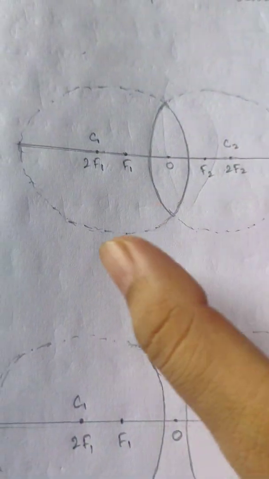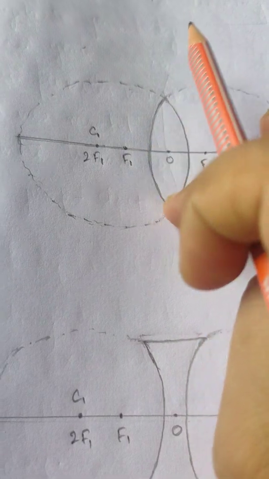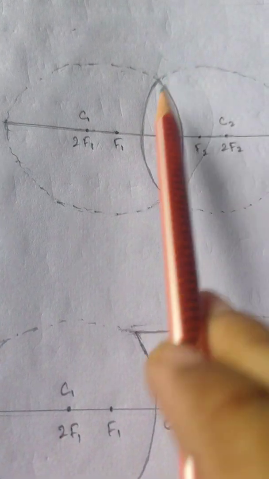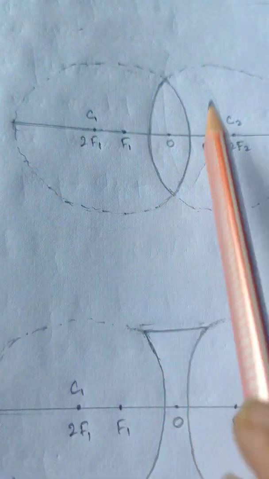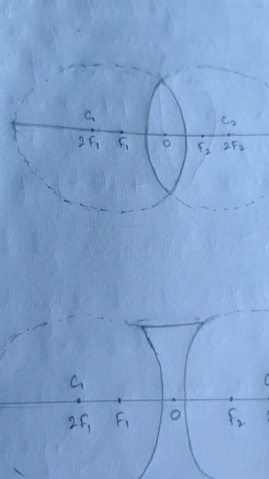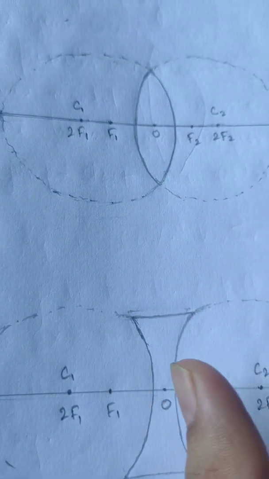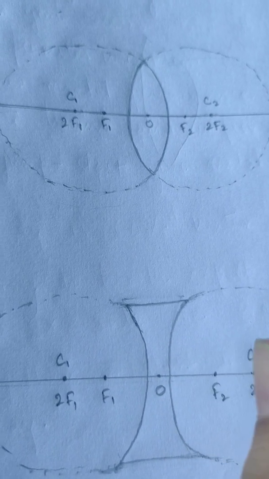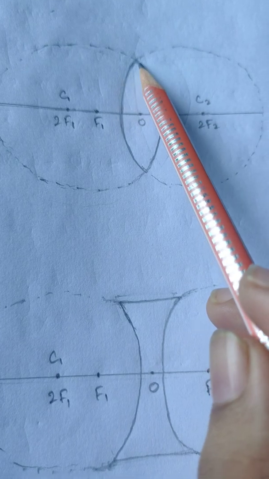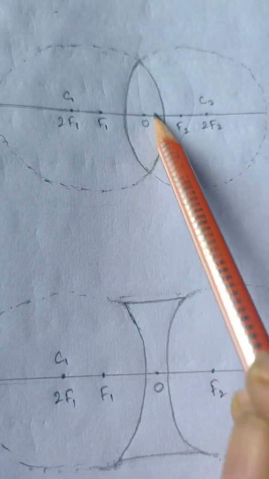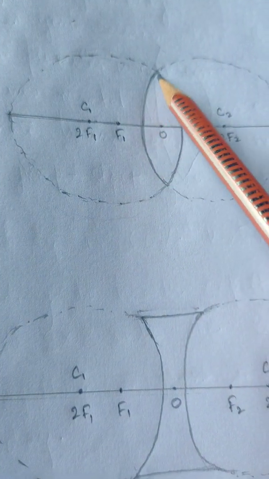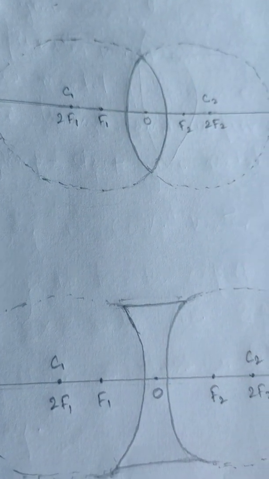Now you see, this is a convex lens. There are two circles, isn't it? Spherical mirrors are parts of a circle, I told you, right? One spherical surface is from one circle, and another spherical surface is from another circle.